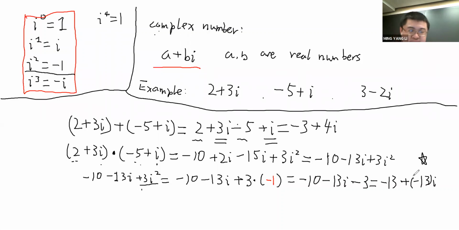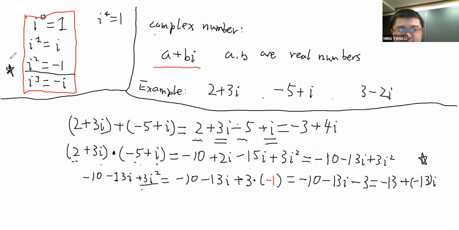So that's it. That's about the basic operations on complex numbers. Today we first introduced the imaginary unit i with these calculation rules. i is nothing but a variable with these special calculation rules.